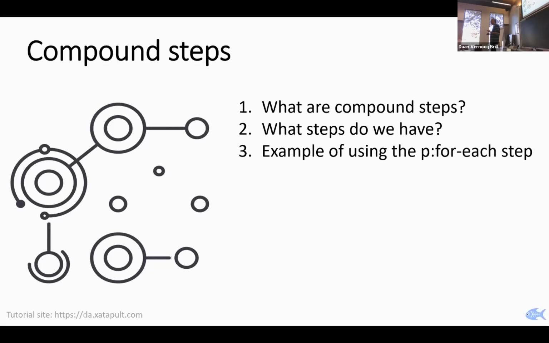For instance, like in XSLT, you have the xsl:choose element to choose between various alternatives. In XProc, we have a p:choose, which works roughly the same way. We also have a p:if, and there are various other compound steps. So compound steps are the things in your pipeline where you can make decisions, loop over things, stuff like that.